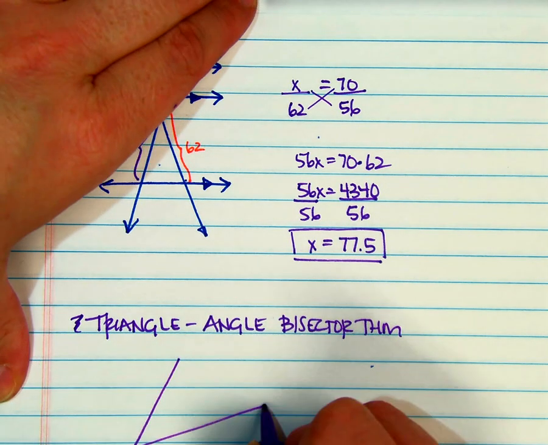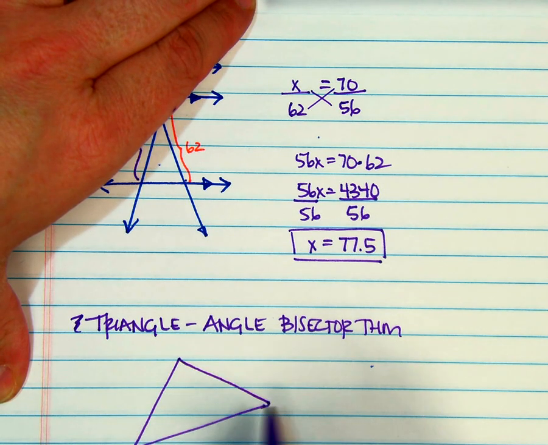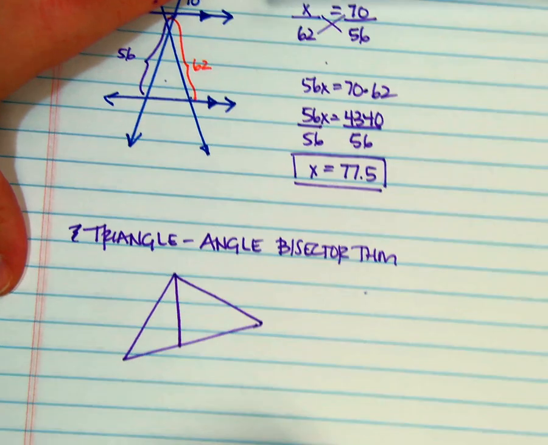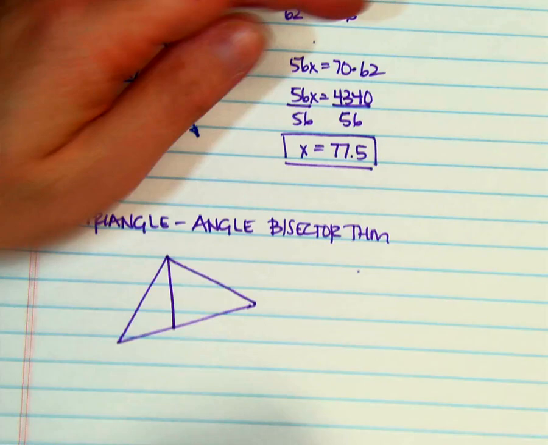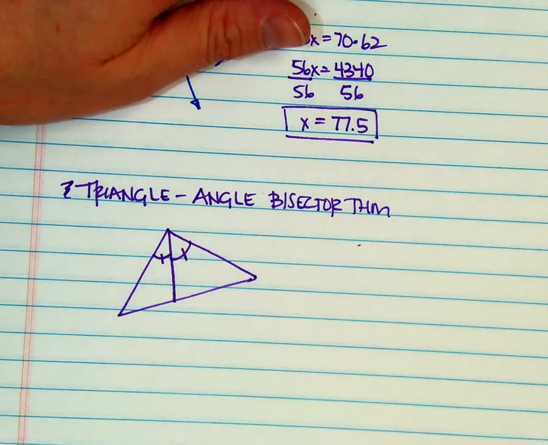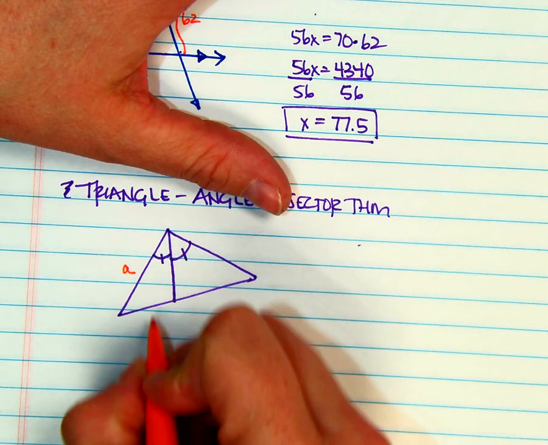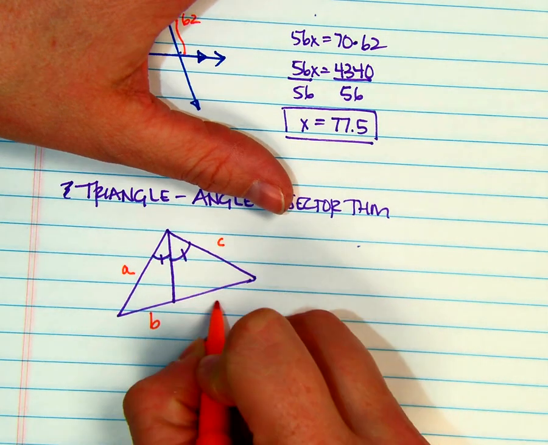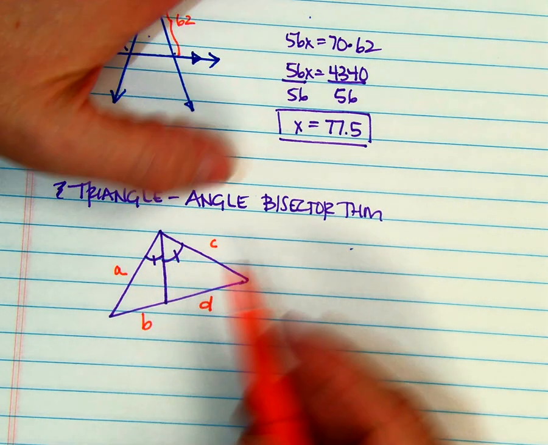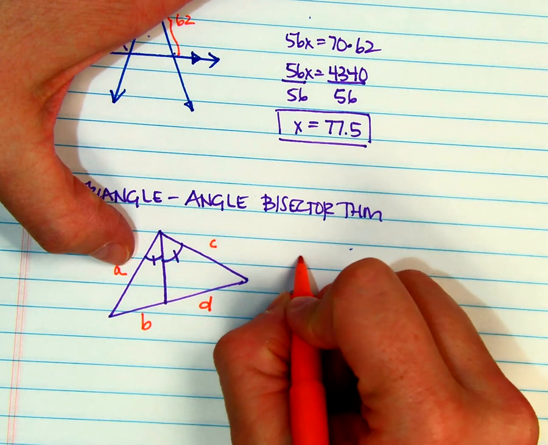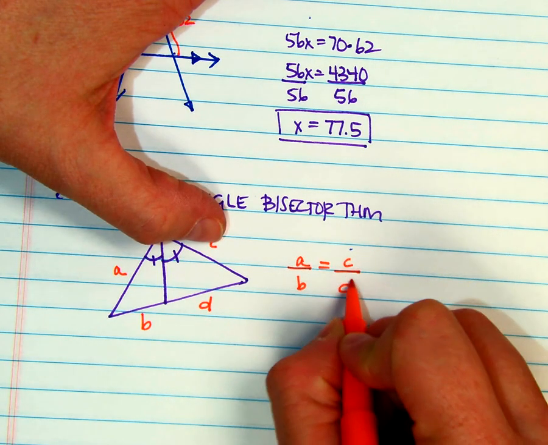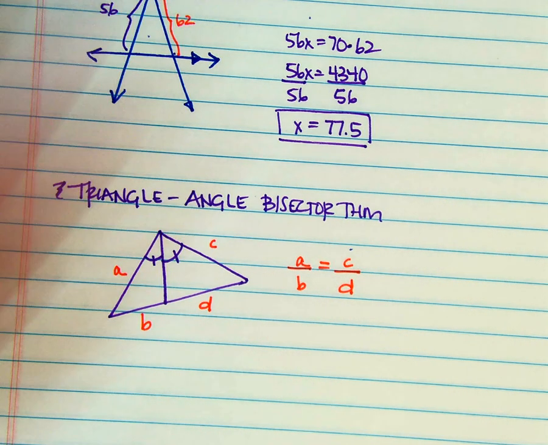So if you have a triangle and you know that that segment is an angle bisector, so you know that the angle is bisected. Make that A, B, C, and D. So if this is an angle bisector, then A over B would equal C over D.